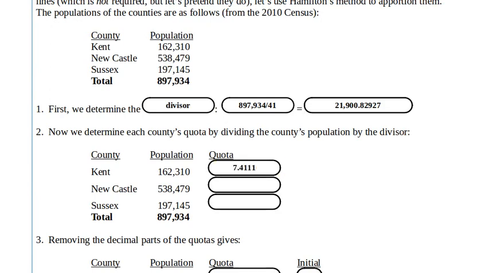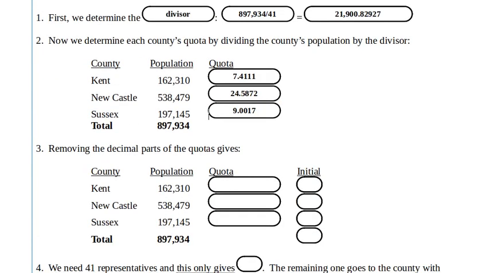And we leave those decimals, at least initially, as we go through and do the division. So you can follow along. Simply take the population of the county and divide it by, no great surprise, the divisor. And there we have our initial quota. Now, notice that this won't add up and it's decimals anyway, so we truncate.